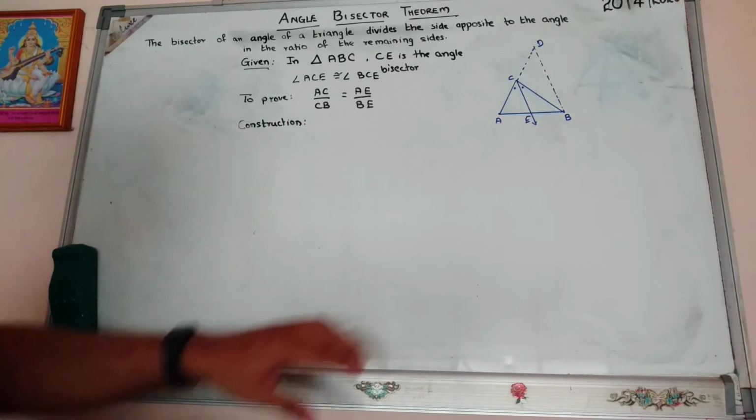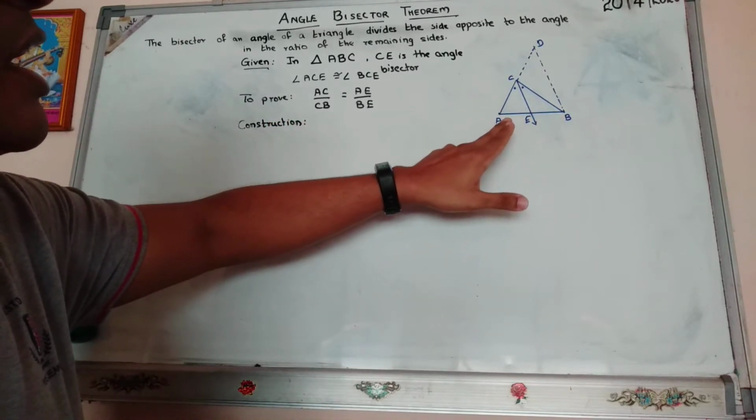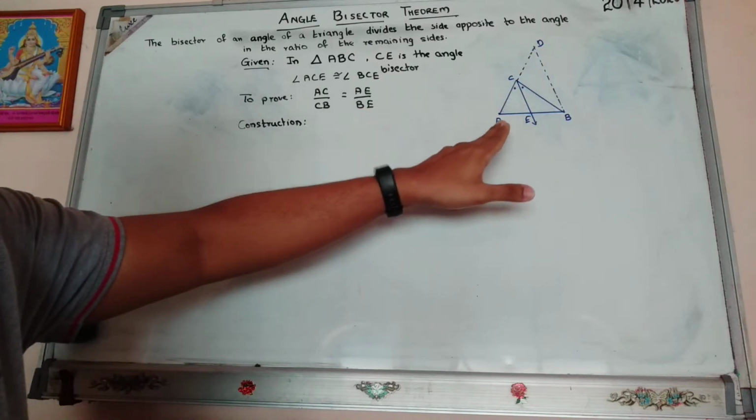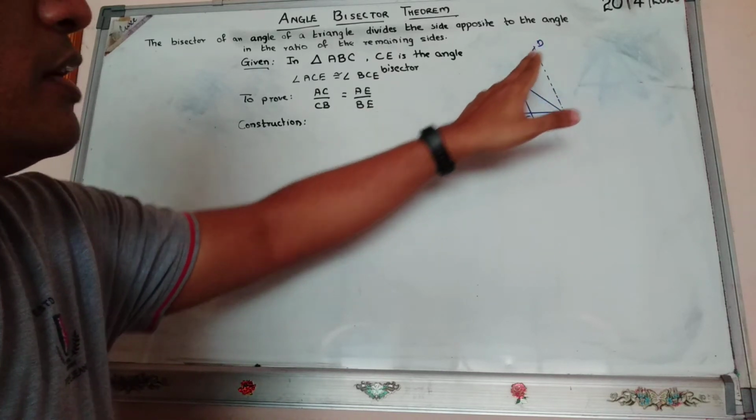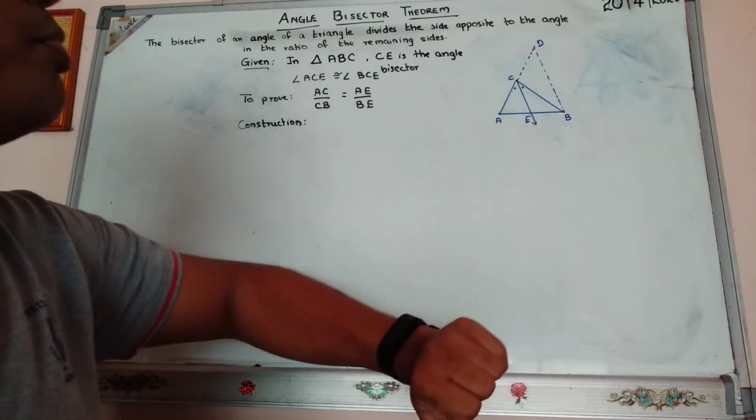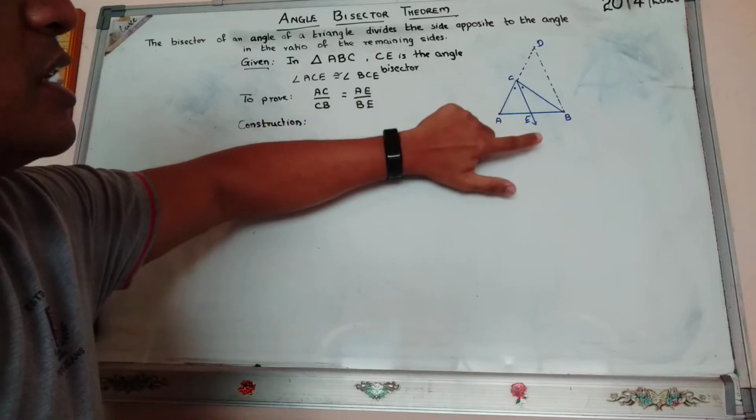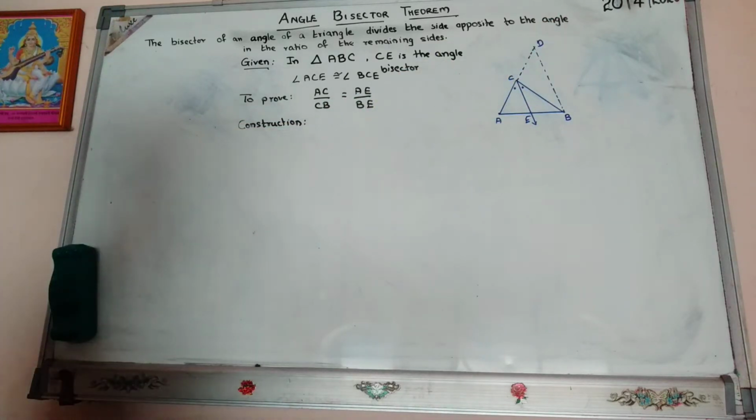Construction: we extend AC to point D such that BD is parallel to CE.